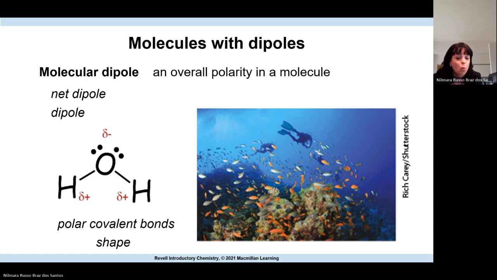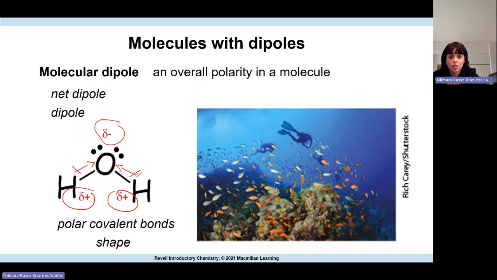So water, for example, is polar and it's easy to see the charges over here. Let me just, oh, it's here. So the hydrogens here have positive charge because oxygen is attracting the electrons, because it has more electronegativity. It's more electronegative than hydrogen, right?